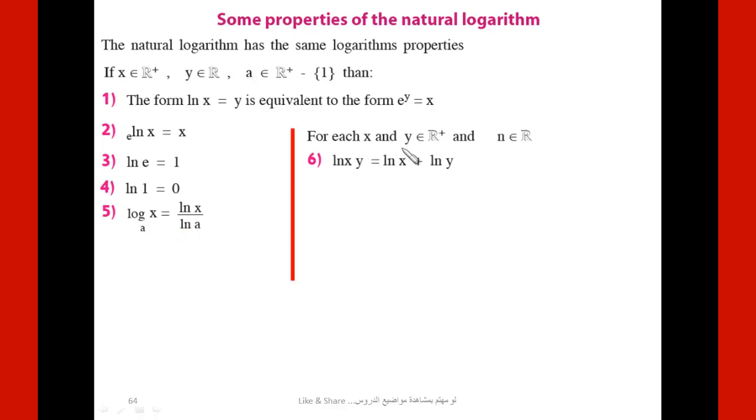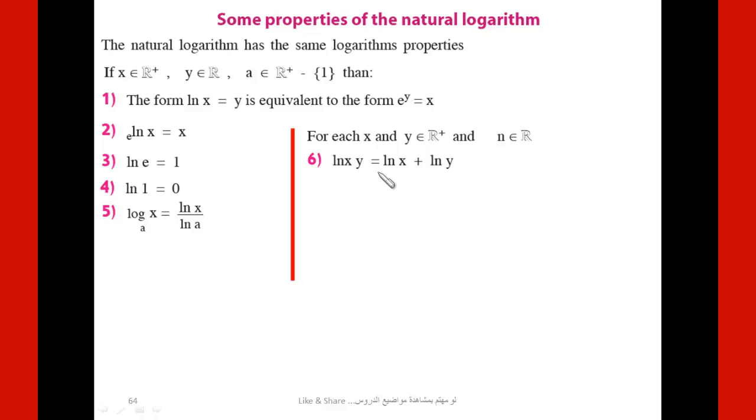For each x and y belonging to R positive, the set of positive real numbers, and n belongs to R, we have ln xy equals ln x plus ln y. Again, we have here the product of xy.